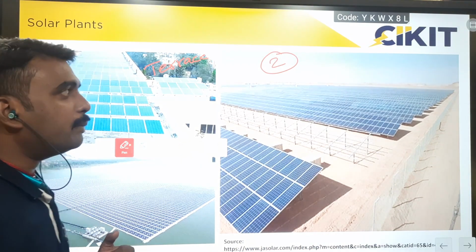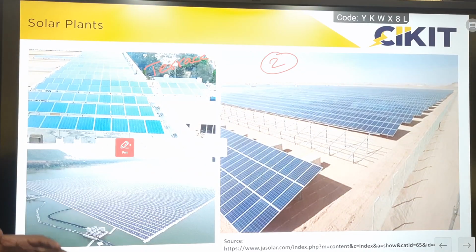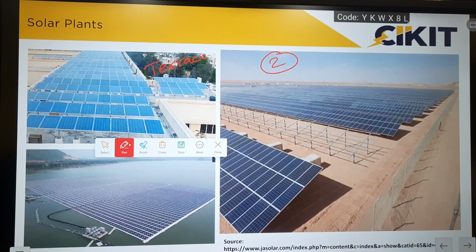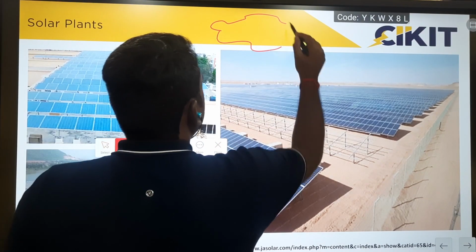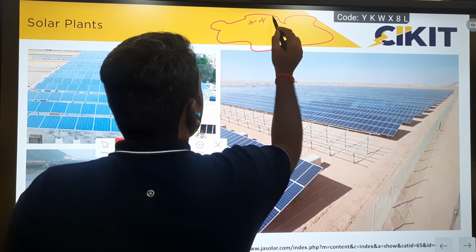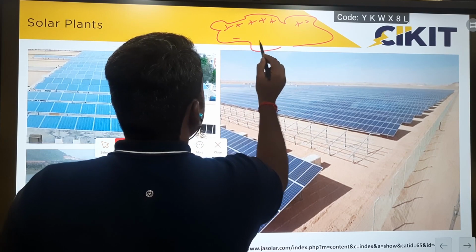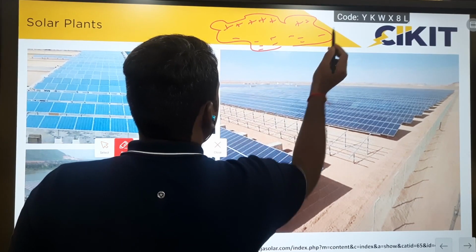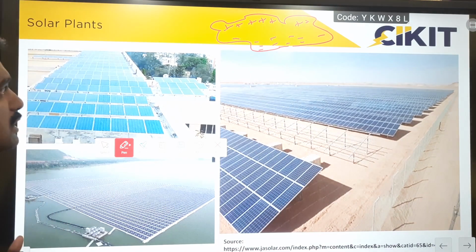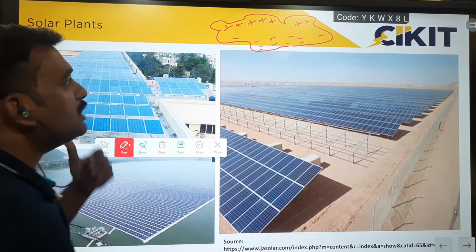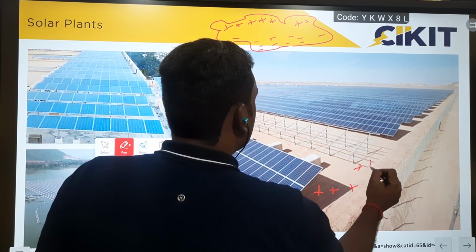During lightning, what happens is charges will get induced on all the objects that are connected to the ground. For example, if you take this cloud, usually positive charges will get accumulated on the top portion of the cloud, and negative charges will get accumulated on the bottom portion of the cloud. And during lightning, that is thunderstorm conditions, these negative charges in the cloud will induce positive charges on all the objects that are connected to the ground.